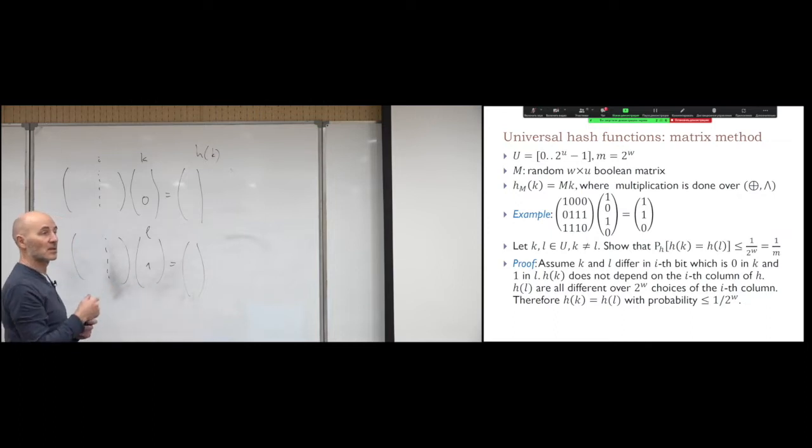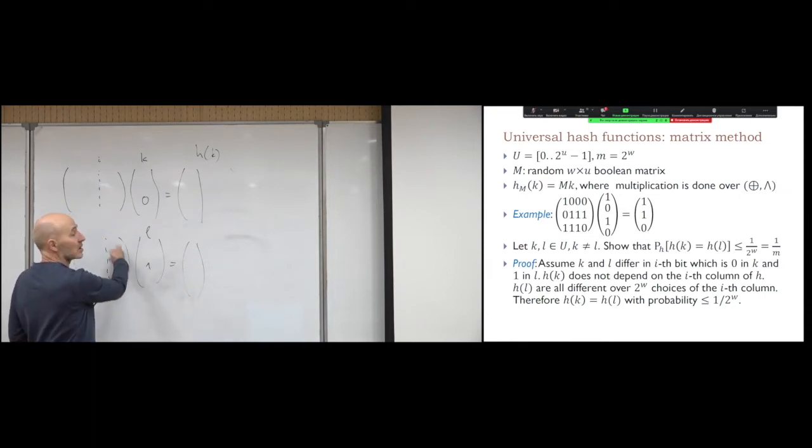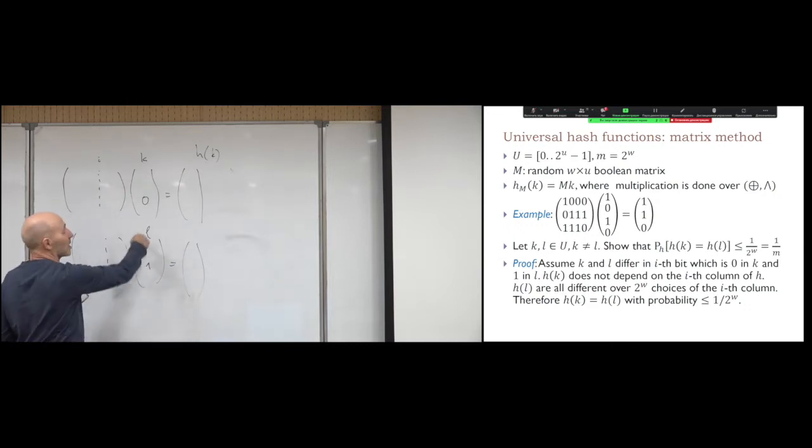This is the key point of the proof. This is because of the properties of the XOR operation. And therefore, the probability that they will collide is obviously 1 over all possible vectors, which is 2 to the w. So only if you have a column with all zeros will there be a collision, provided that all the other bits are the same.